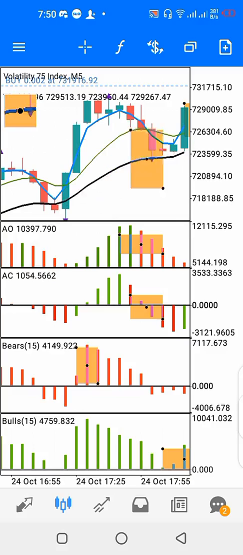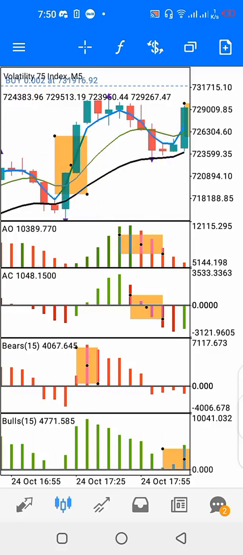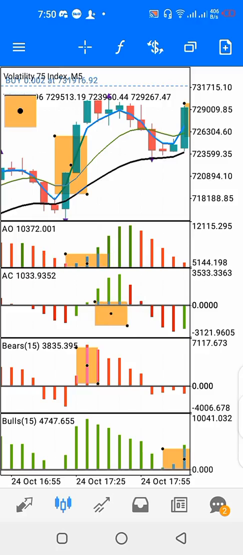Okay, don't forget, are the bars forming above the black, above the green, above the blue lines for you to buy? Is the awesome oscillator bars changing from red to green for you to place the buy trade? Are the bars developing above the zero level?